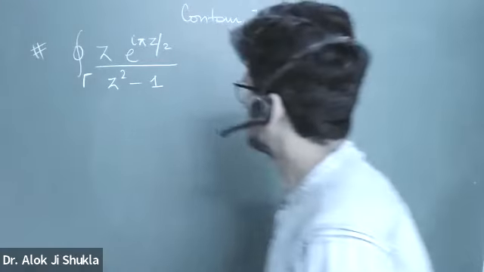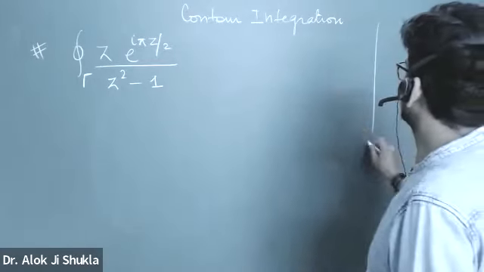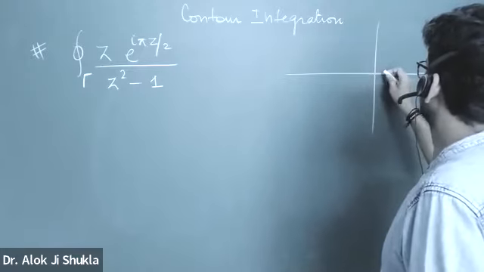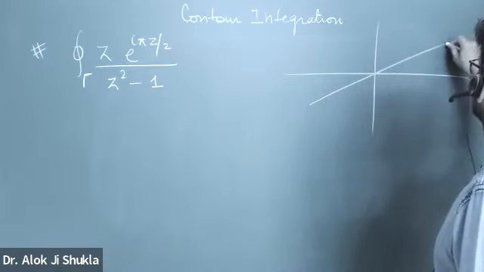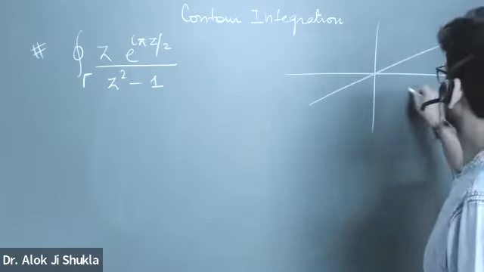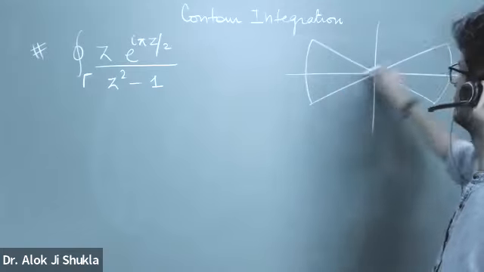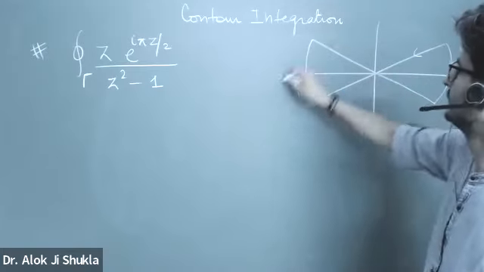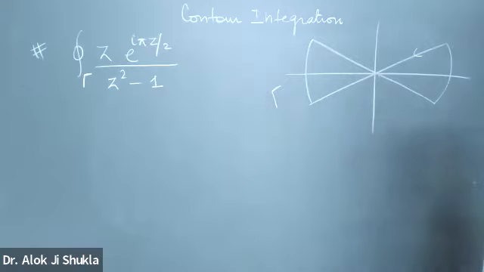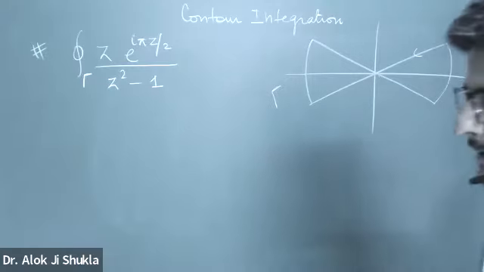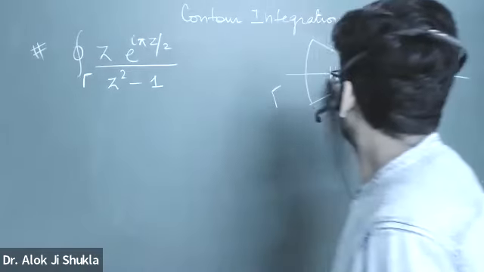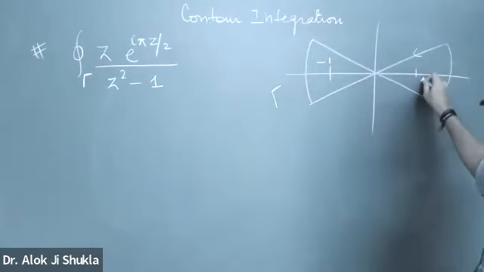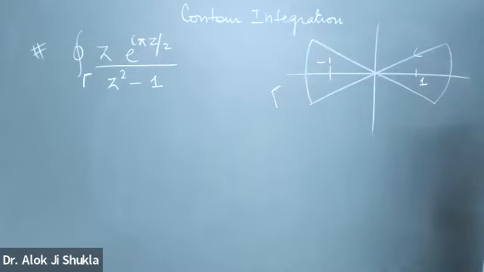The contour is given like this. This is gamma, the closed contour, and the values minus 1 and 1 are given like this.